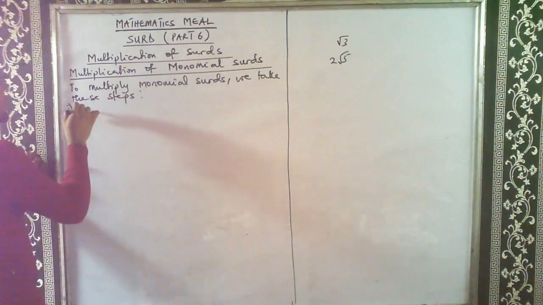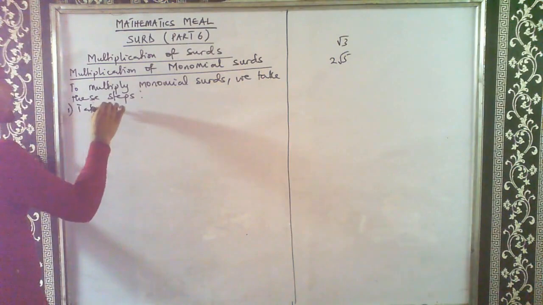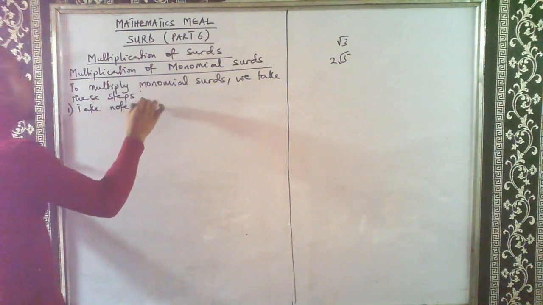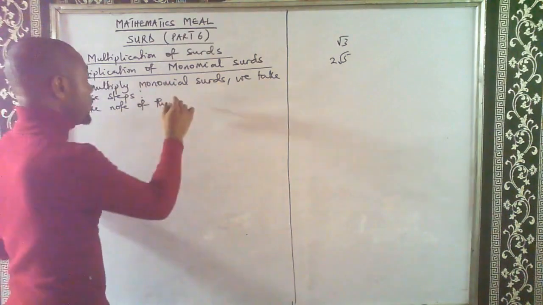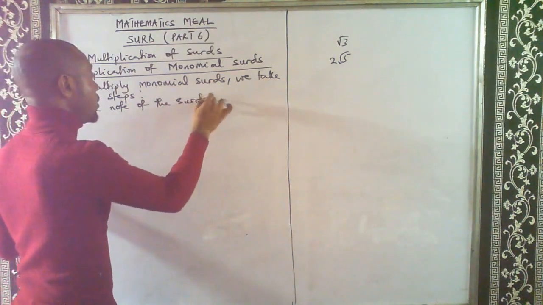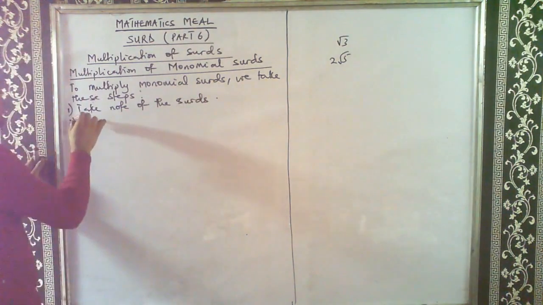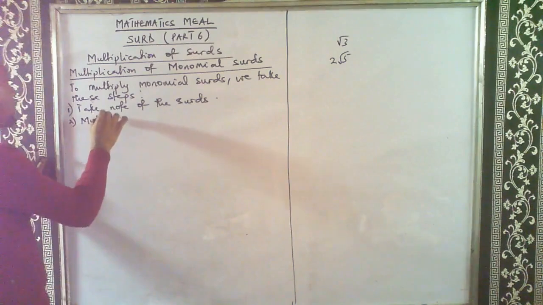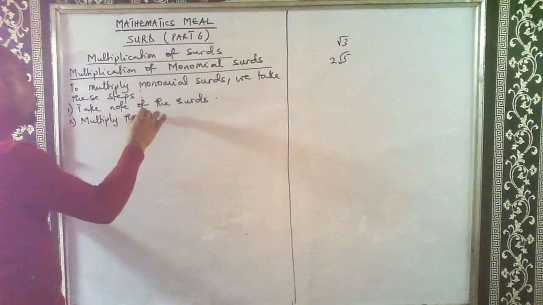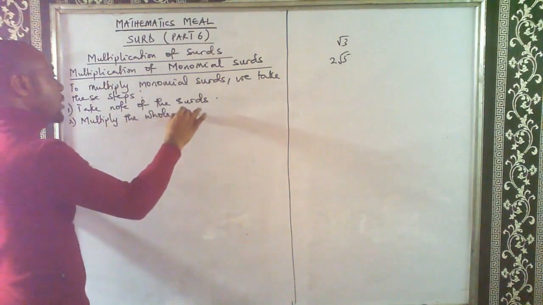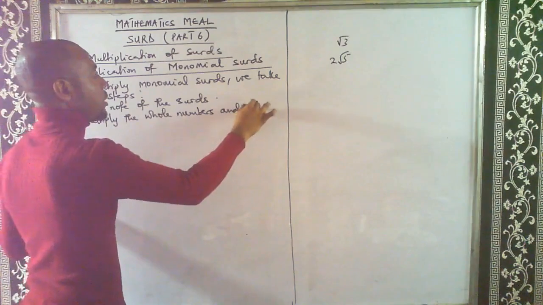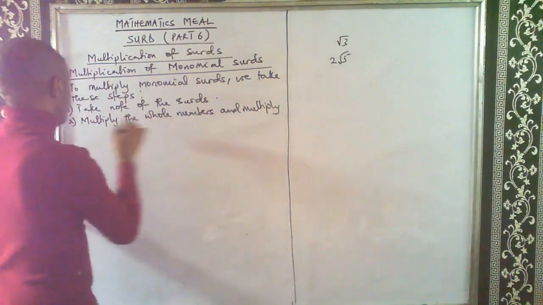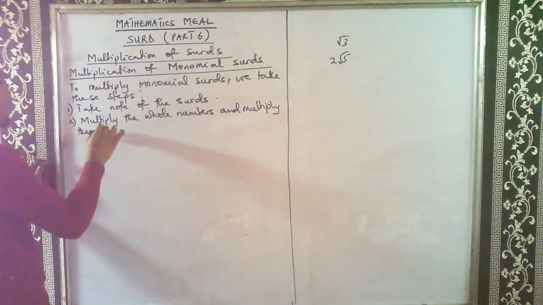First, take note of the surds. Then multiply the whole numbers and multiply the radicals.